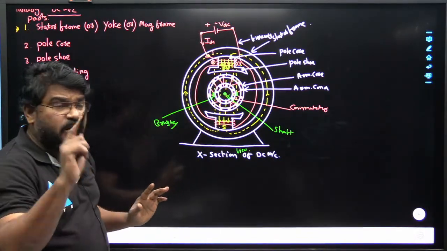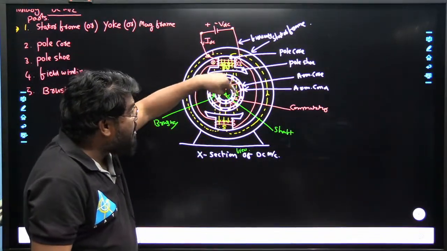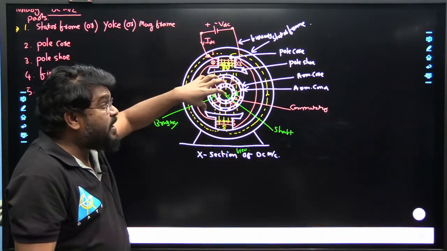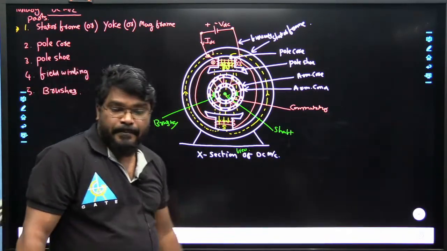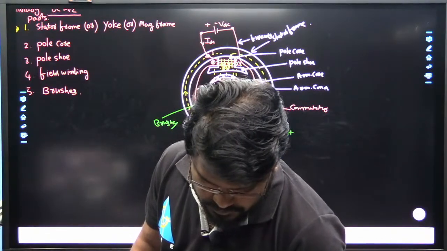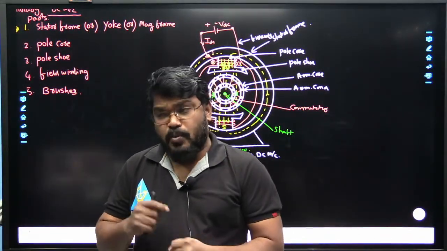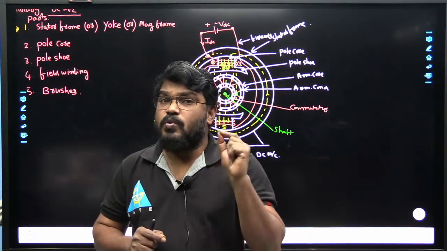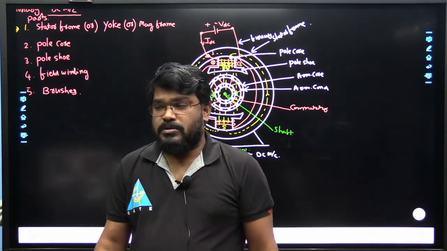That is one of the reasons. And the second reason is that it accommodates the armature winding. Yes, the stamped poles are also one of the reasons to neutralize armature reaction.